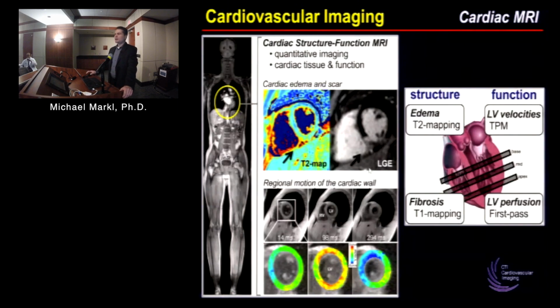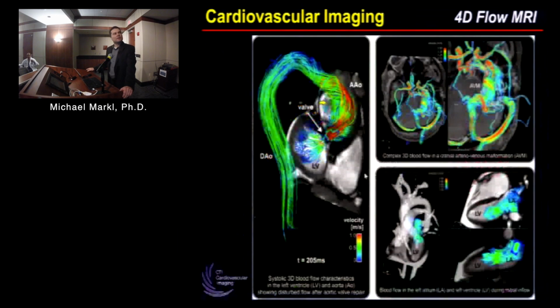The second area we've been working on, which was already mentioned in the introduction, is where we look at cardiovascular hemodynamics. That area can be summarized by the name of the technology that allows us to do that, and that's 4D flow MRI. It's a technique that can be used to investigate and quantify 3D blood flow in different parts of the human body.